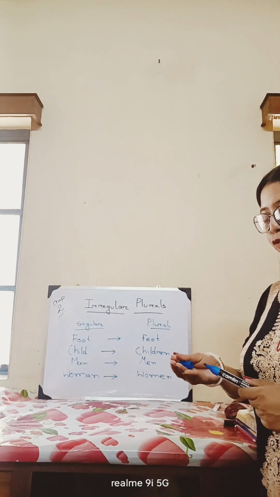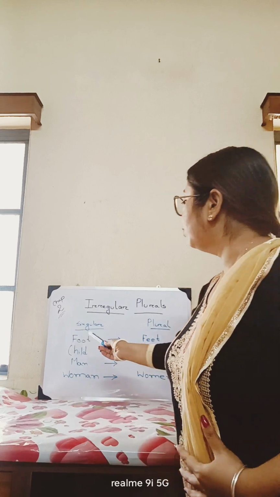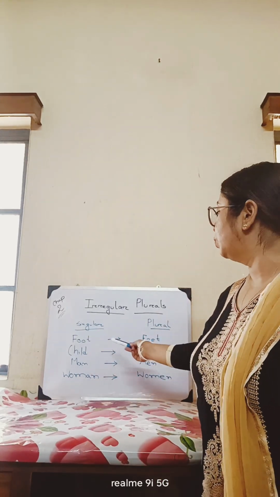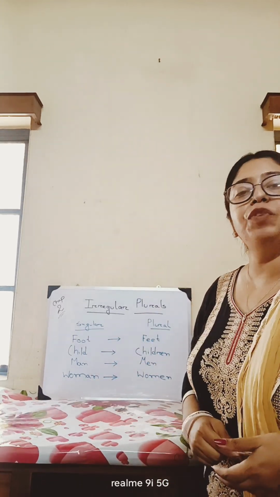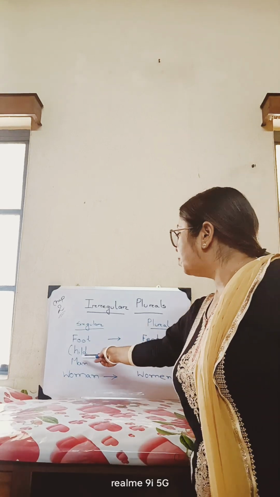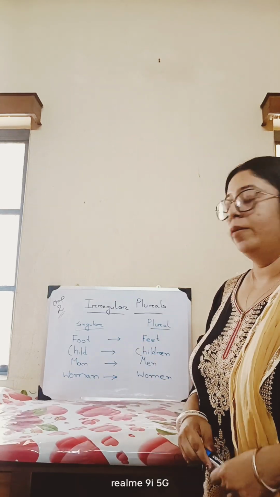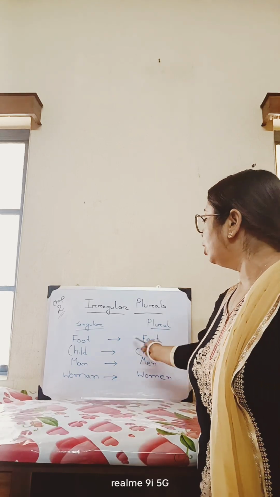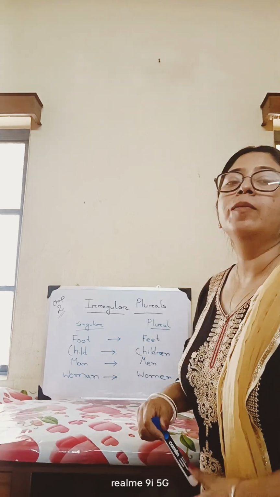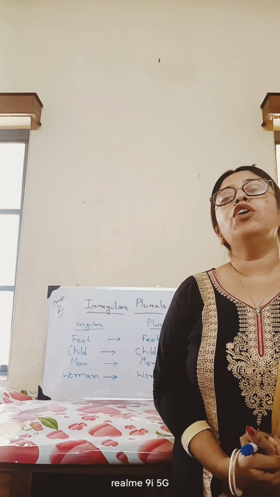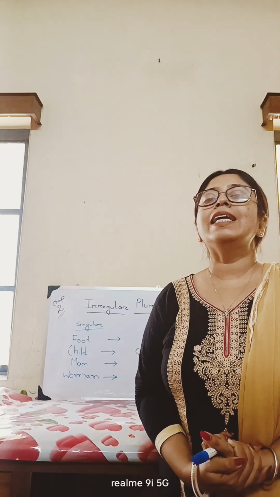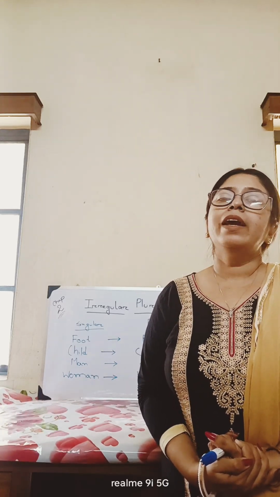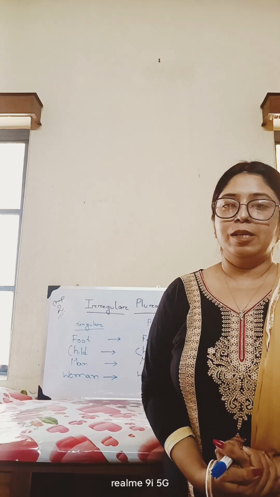Foot, F-O-O-T: the plural form of foot is feet, F-E-E-T. The plural form of child is children. The plural form of man is men. And the plural form of woman is women. These nouns do not follow any rules, so they are called irregular plurals.